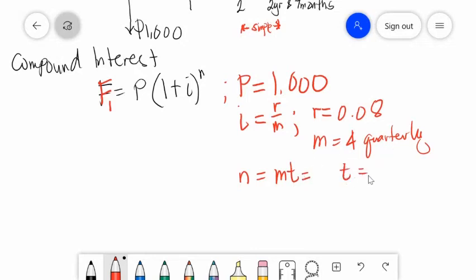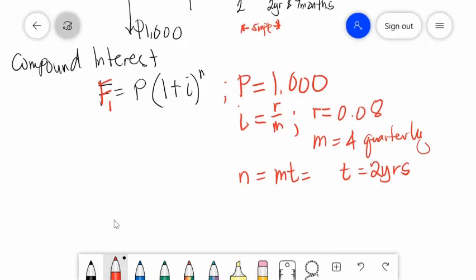T is 2 years, because it is compounded only in 2 years.